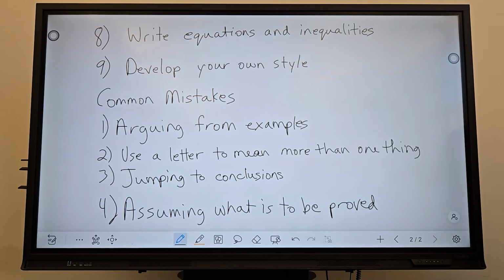So suppose m and n are odd integers, then when any odd integers are multiplied, their product is odd. Hence, m times n is odd. Well, you're trying to prove that the product of two odd integers is odd. You're just assuming it to be true and just jumping to the end without showing the intermediate steps.